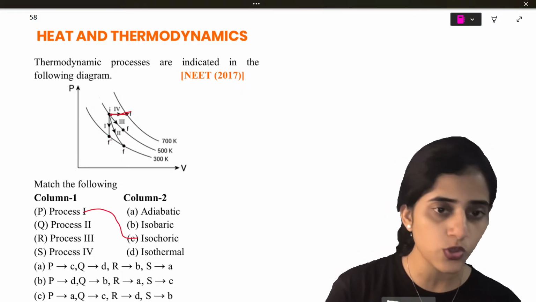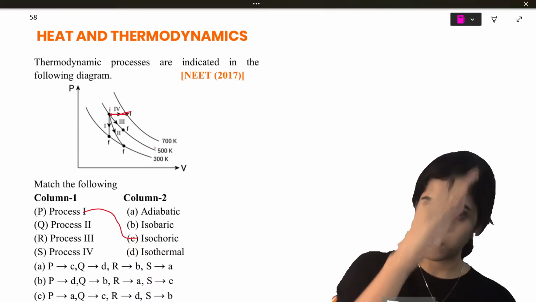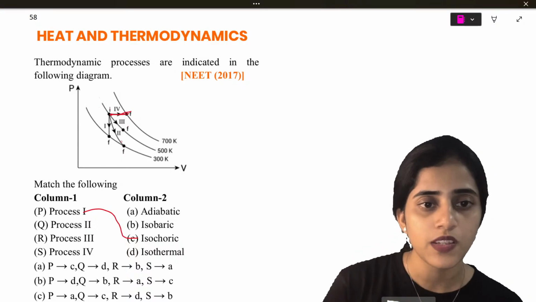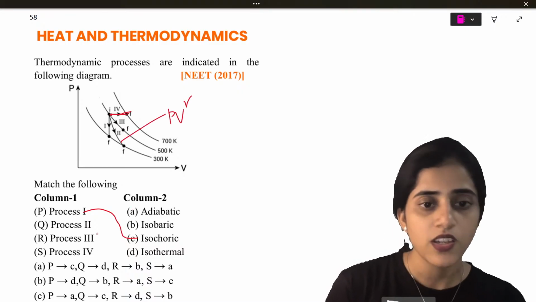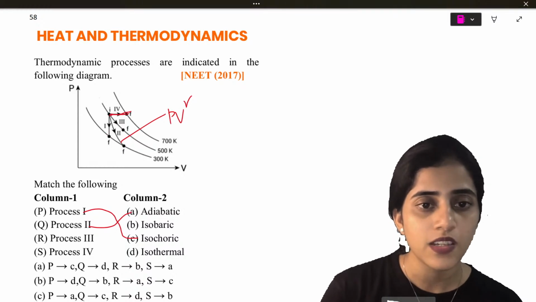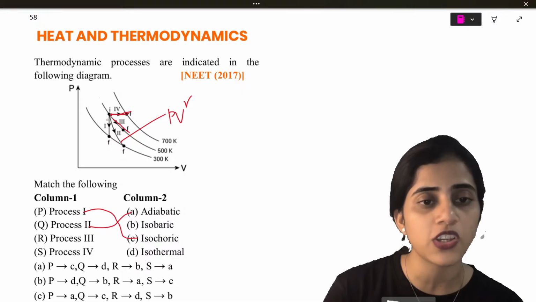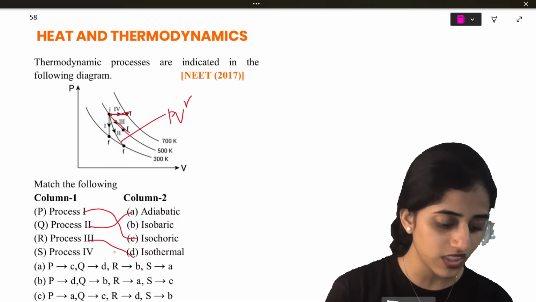Now what is process 2? In process 2, you can see P and V are both changing. PV raised to gamma, so it is definitely adiabatic. Now what is process 3? In process 3, you can see the temperature is constant. So if temperature is constant, it's going to be isothermal.